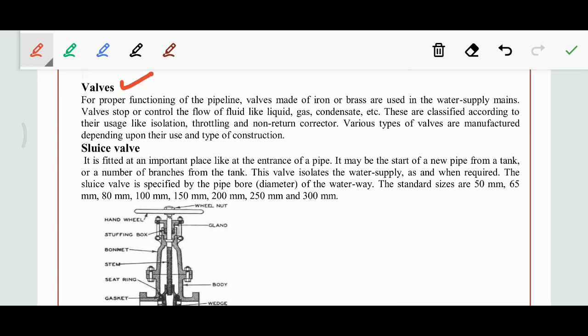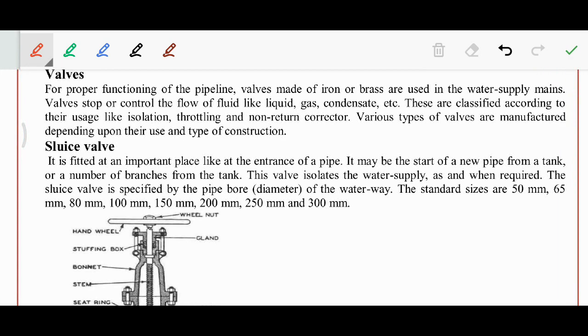So we'll see valves. Valves are the functioning element of a pipe network. It helps to stop or control the flow of a liquid, gaseous, etc. Remember, valves are the functional elements which are used to control or stop the flow wherever we want.